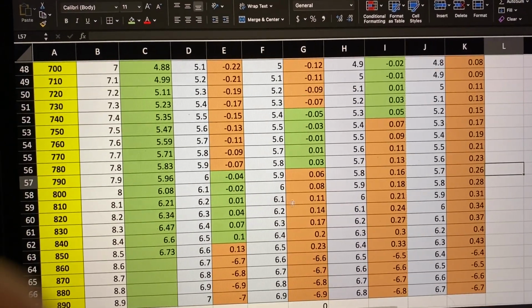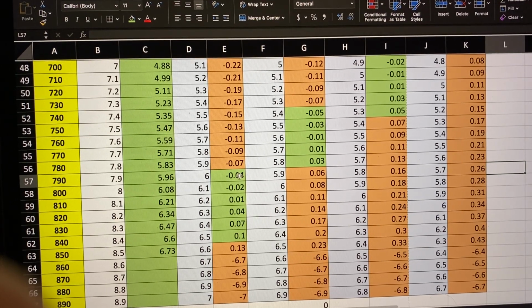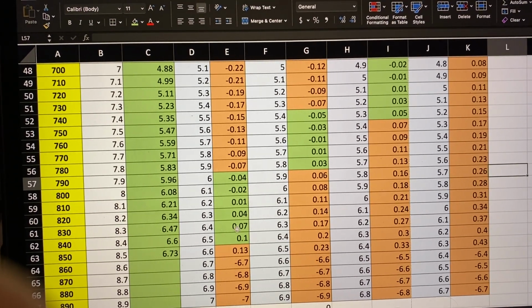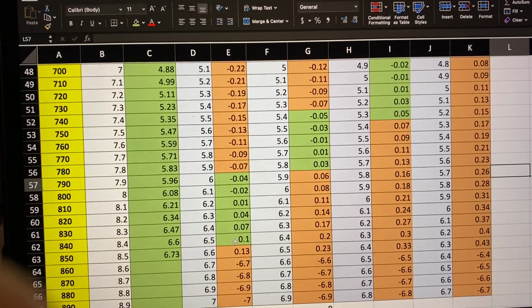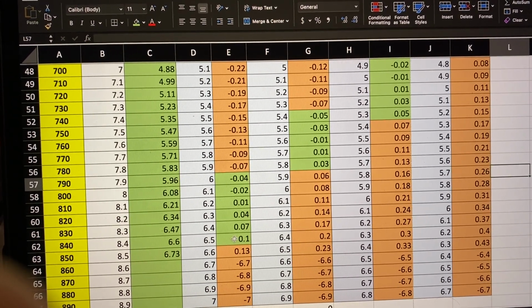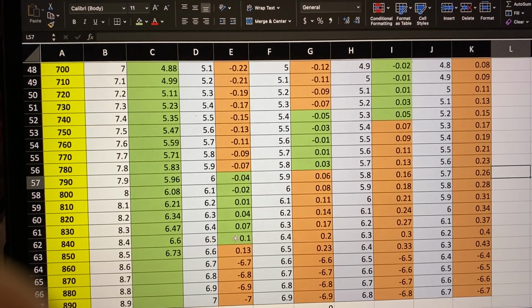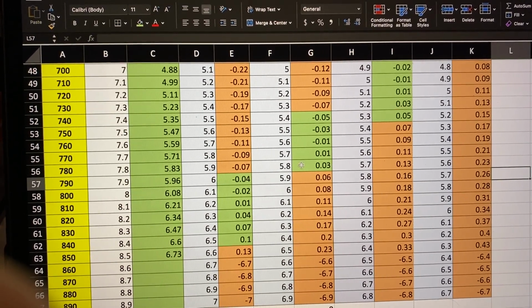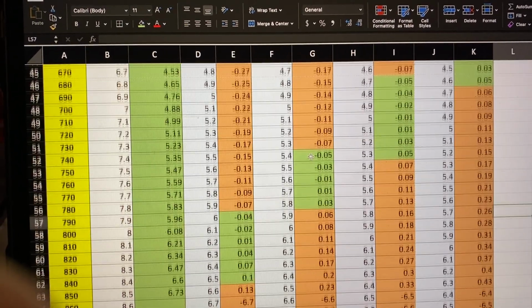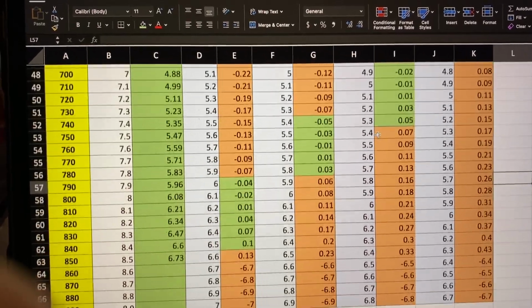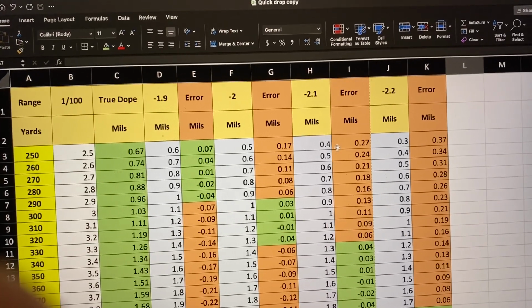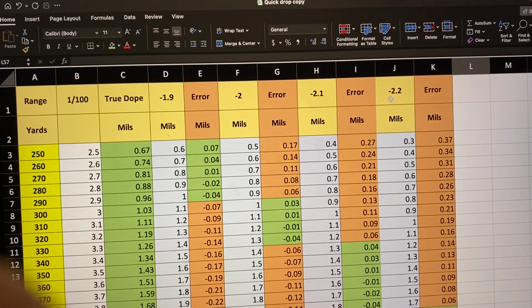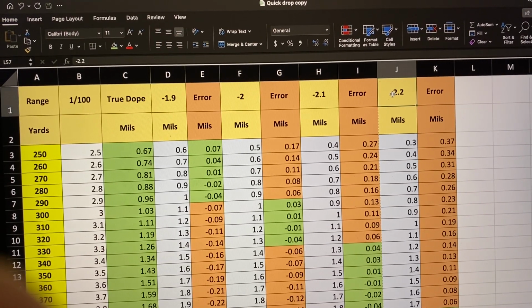And then back to 1.9 from 790 yards to 480, or less than a mil up until we get to 480, and then we're right at, I'm sorry, I keep saying a mil, but 0.1 mil. All these green areas have less than 0.1 mil, or a tenth of a mil, error in them. So ultimately, that's how I came up with the quick drop number of 2.2.